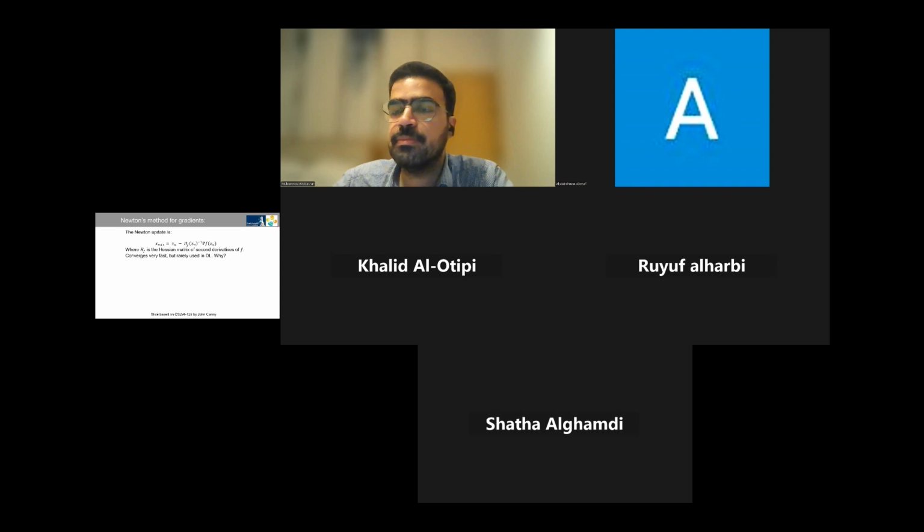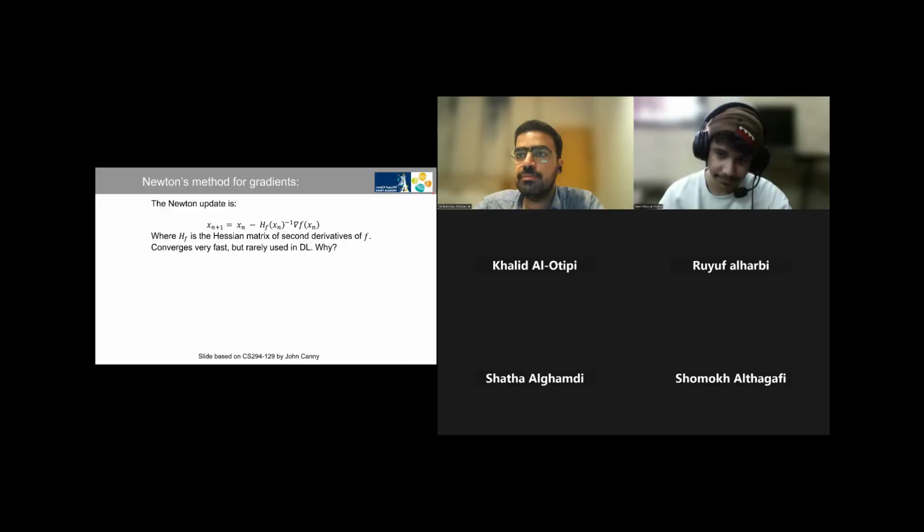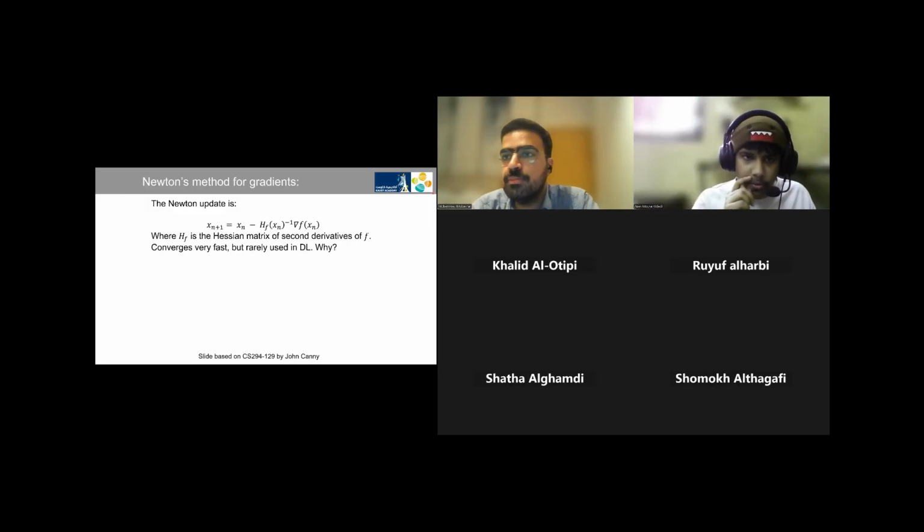The Hessian is a matrix. Which value of the matrix should we use? So usually we just do the matrix multiplication here. So if this is a vector, and then we have the matrix. Wait, need to change to pen mode.